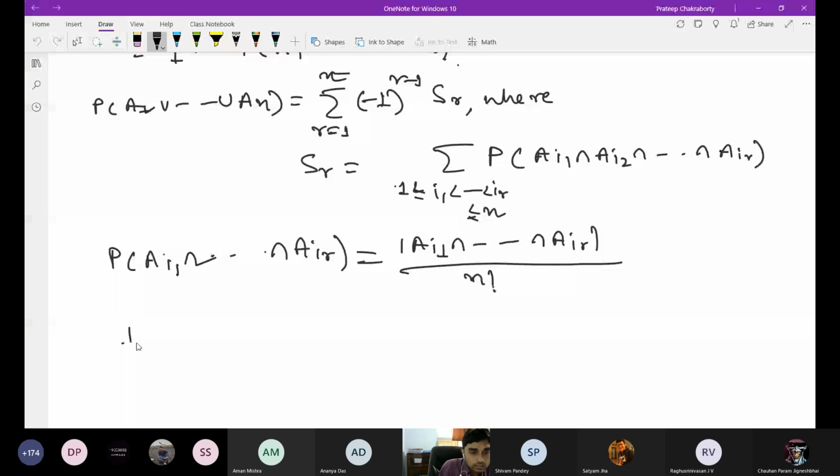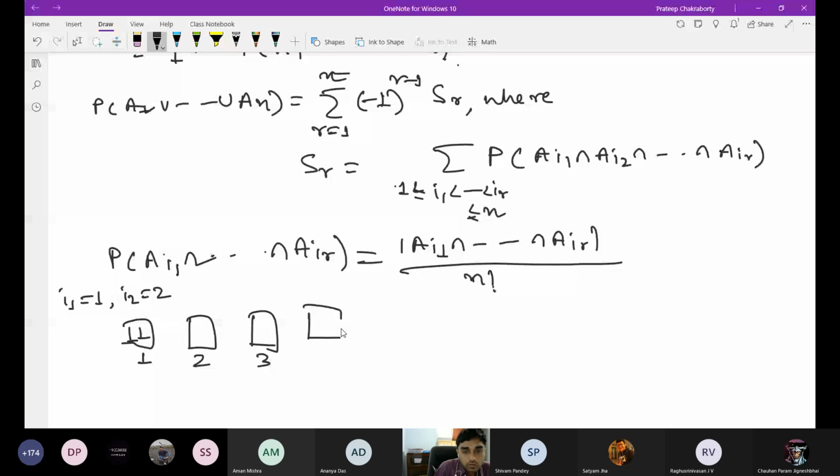So just showing this. Suppose this is 1, 2, 3, 4. So this is the first envelope, second envelope, third envelope. Suppose I1 equal to 1, so we put this here, and I2 equal to suppose 2, so you put here. So how many possible ways can you put in these two? Because AI1 intersection AIR means in the envelopes I1, I2, IR, you have put the correct letter.